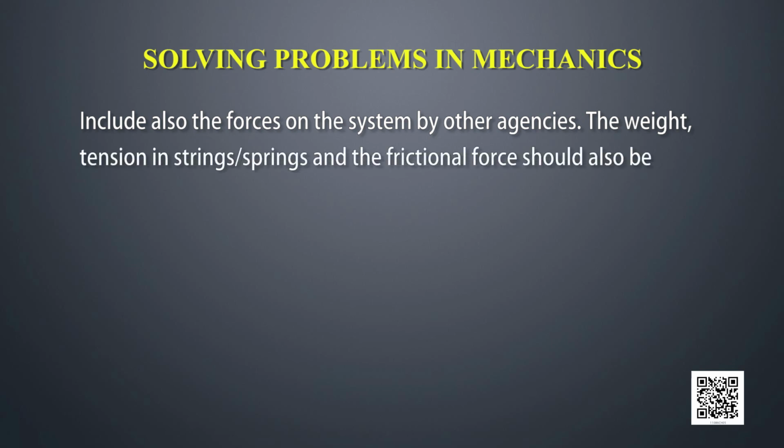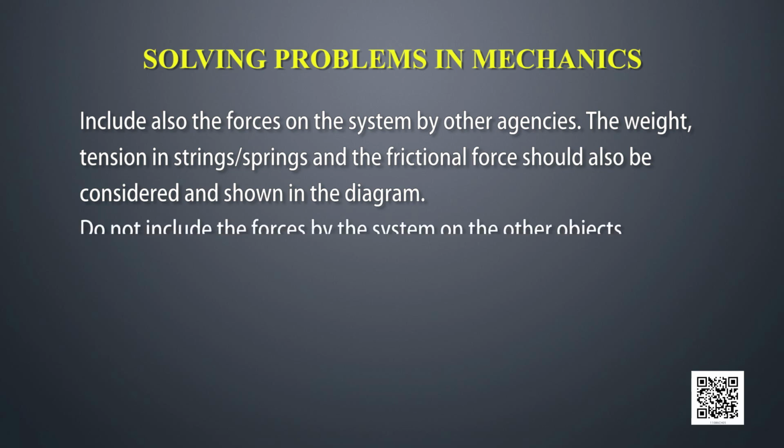The weight of the body or block, the tension in the strings or springs which are given in the problem, and the frictional force should also be considered and shown in the diagram. Do not include the forces by this block on the other objects. This is important because we have to study motion of the block, and hence forces acting on the block and not by the block should be included.